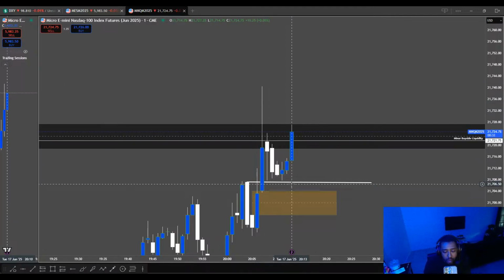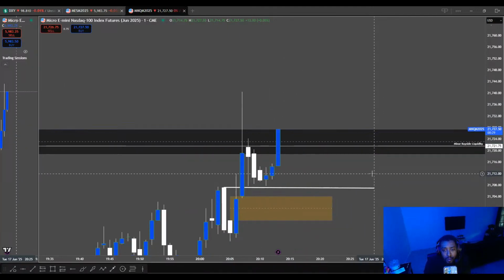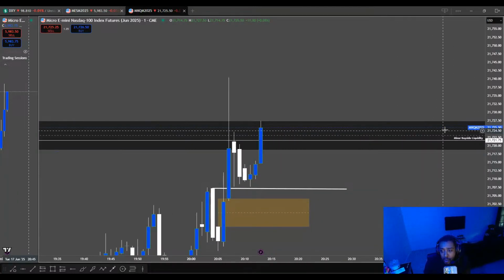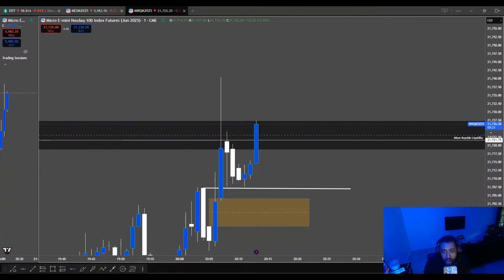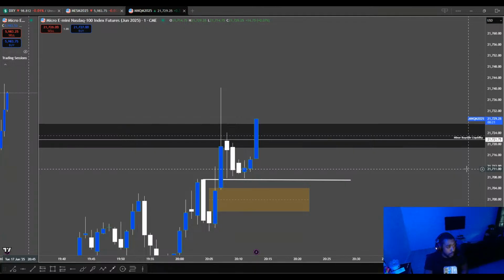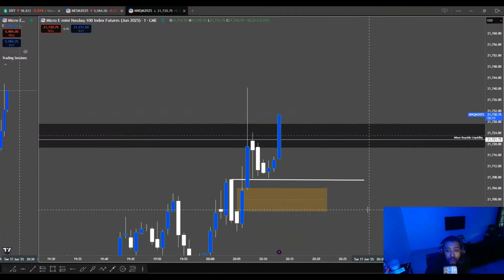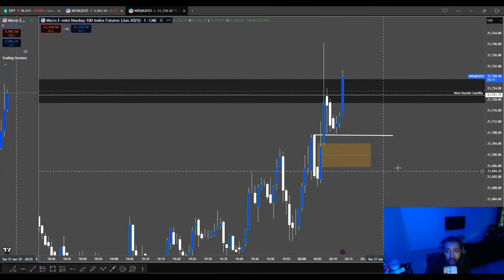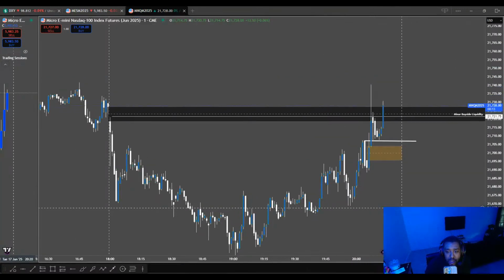It came back into the range, right? I love when it literally does exactly what I'm expecting it to do. So we got a nice, damn, I ain't gonna lie. The problem is we aren't really getting any sweep of sell side yet.